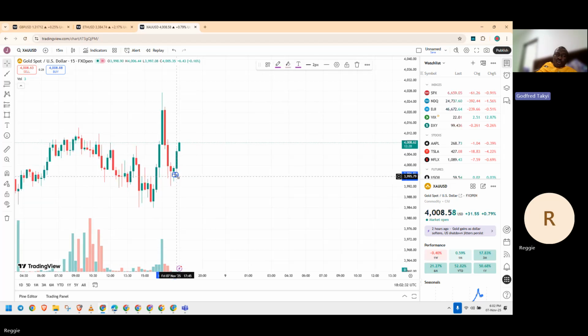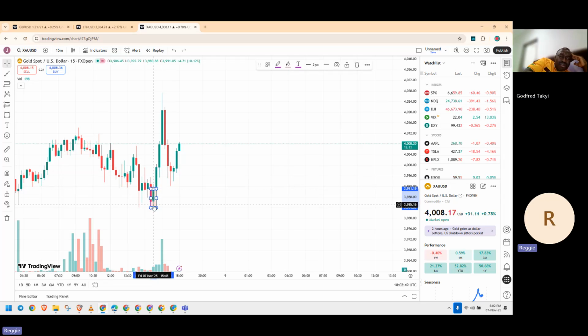Not that one, the one below. Can't you see there are explosive green candles going up plenty? Not the small one where you are. This one, yes.